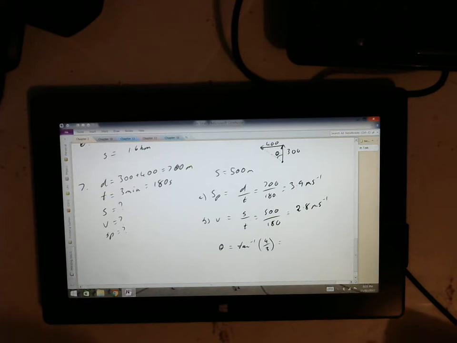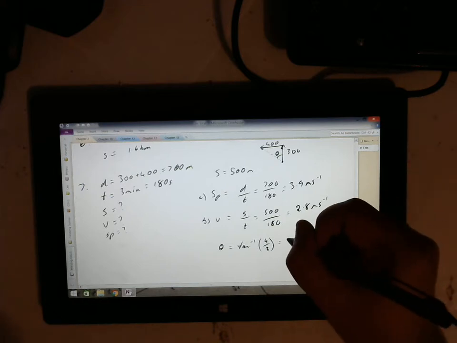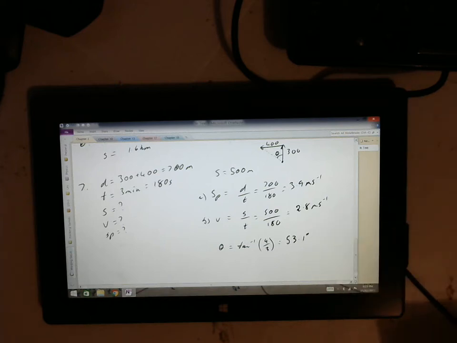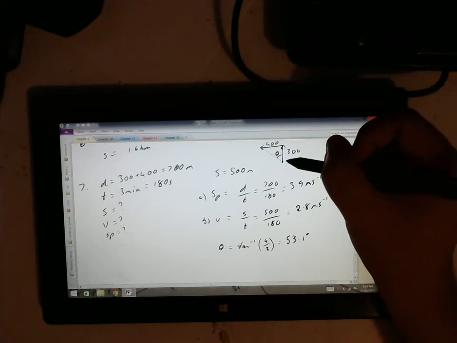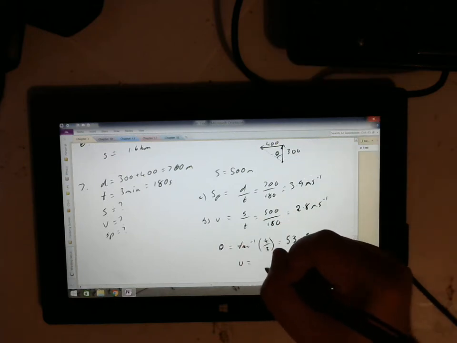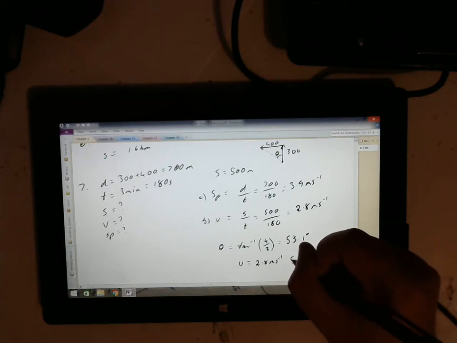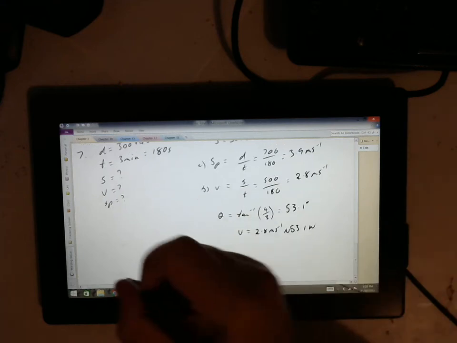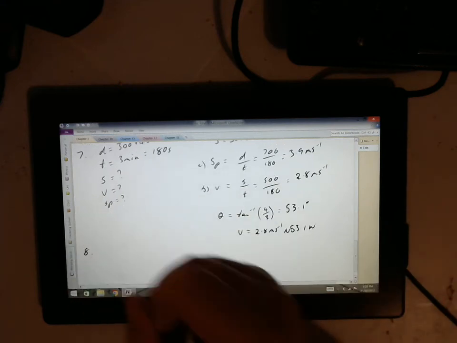If you're not certain on how these things are happening, you will need to speak with me in class. That's going to be north and then to the west there. So our velocity equals 2.8 meters per second at 53.1 degrees north west. Alright, on to the next.